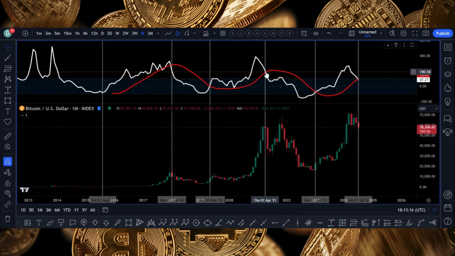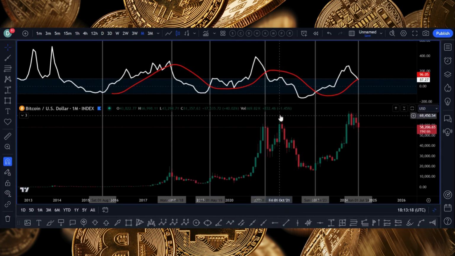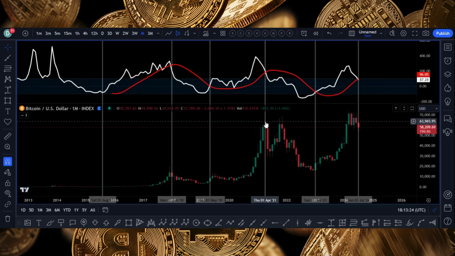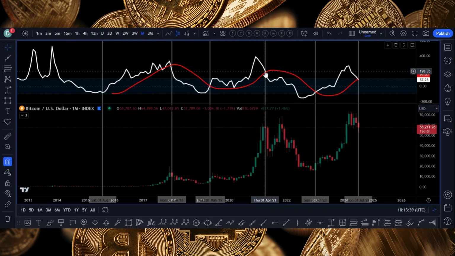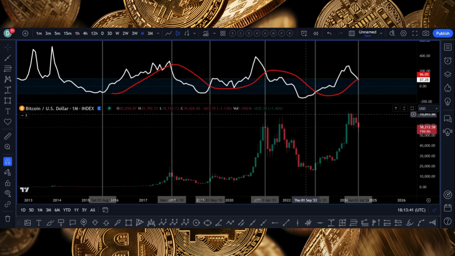We cross back down our signal line. We do get another pump to the upside. This is a bull trap that happens right here. We don't deviate very high above our current peak, so for me it isn't as important, but it happened. We got this move back up here, but we crossed below our signal line and got our move to the downside.